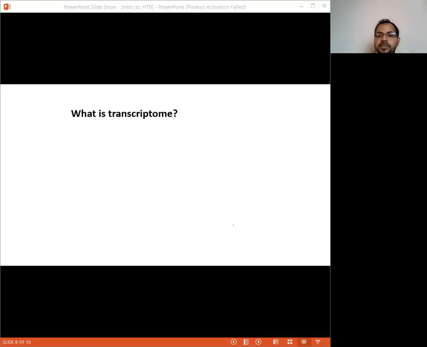A better term is transcript, and based on that, it is transcriptomics. Transcripts can produce protein or may not, because different types of RNAs are available, like tRNAs, rRNAs, microRNAs or snRNAs. Those are not going to synthesize proteins, right?